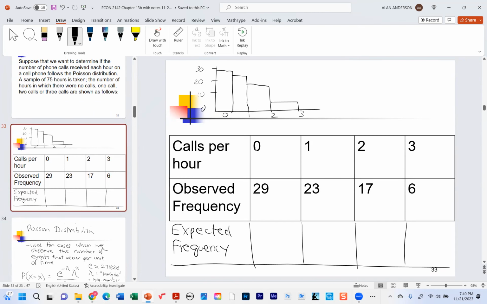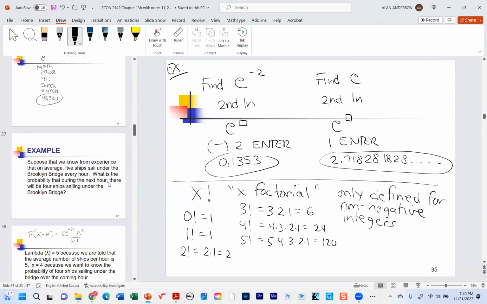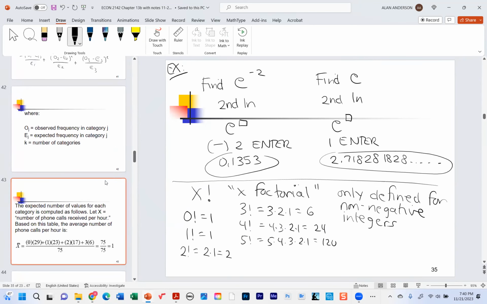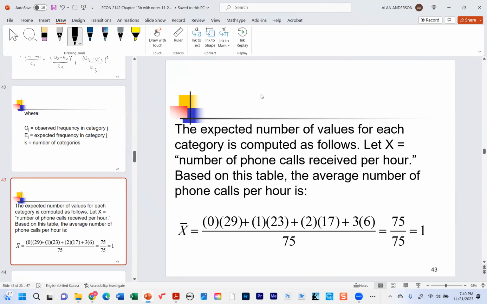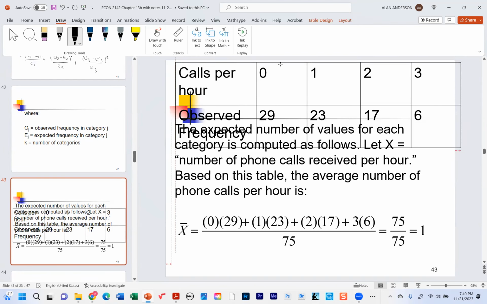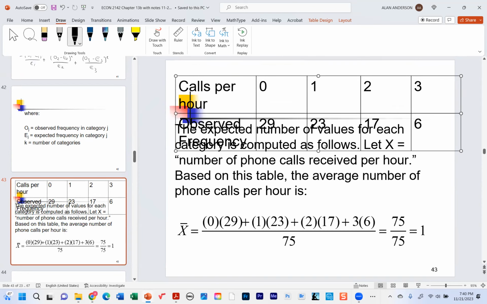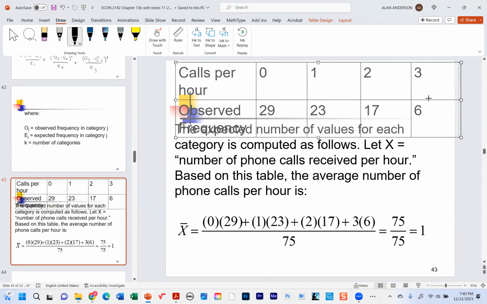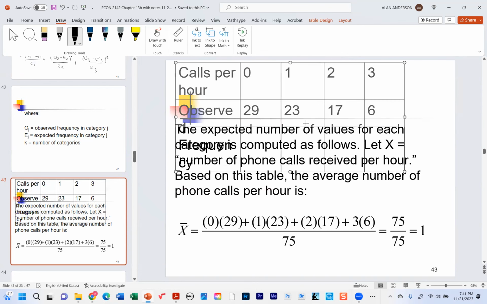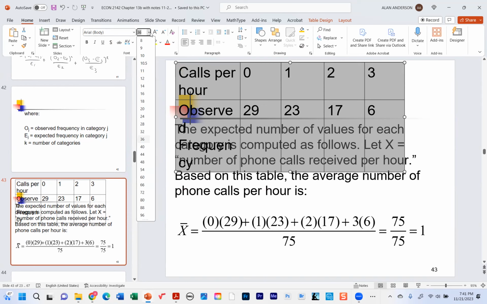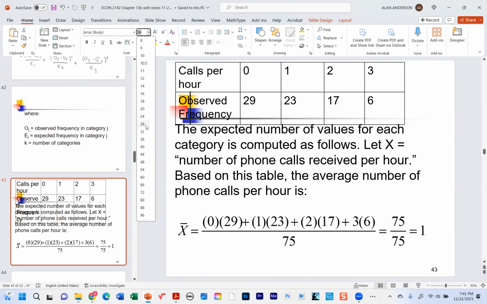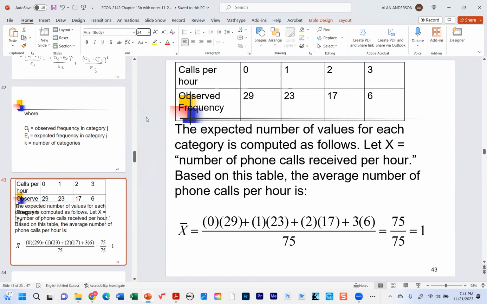All right, let's see what we can do. Oh, that'll fit. So I'm going to shrink it up a lot. Yeah, there we go. Oh, that's even better.